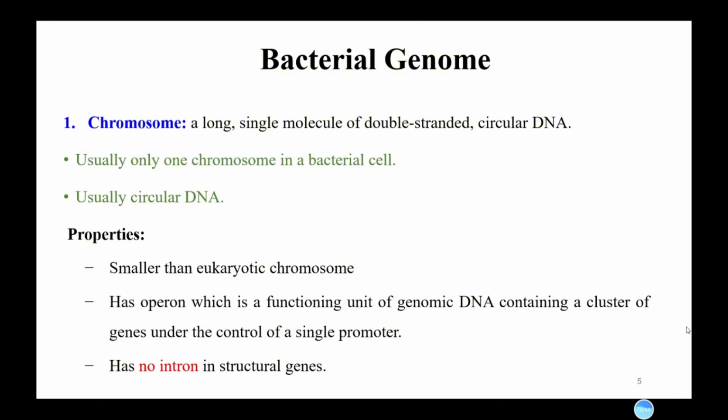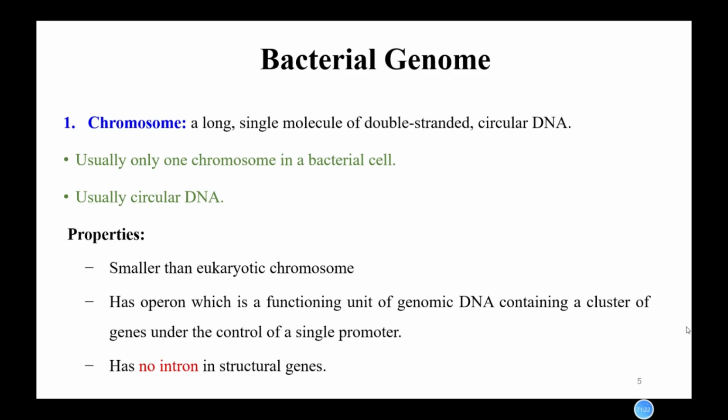When it's transcribed, it transcribes all those genes together to form a big messenger RNA. The reason for this is that all these 4 genes might function together. They are involved in some pathway. Maybe they are encoding 4 different enzymes in the same pathway. So they are linked, they are connected, so they are arranged in the operon. So when it's transcribed, all the 4 enzymes will be made at the same time.